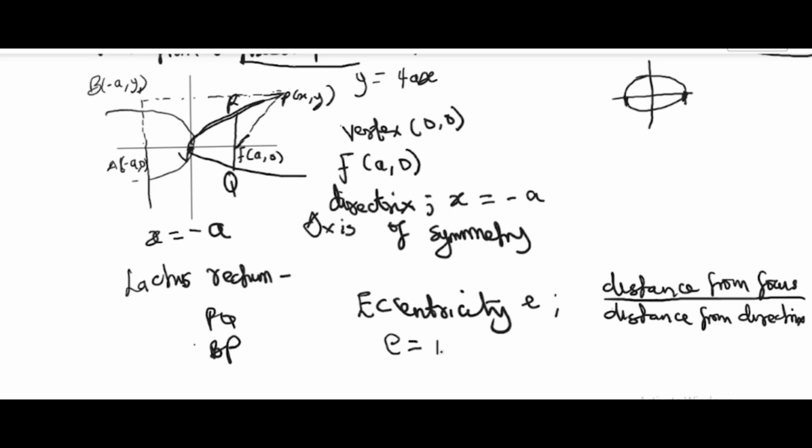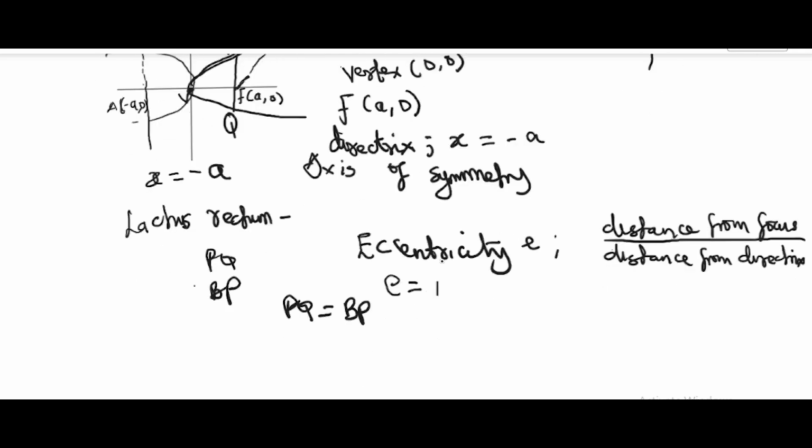Now, why is eccentricity equal to 1? It is equal to 1 because distance from focus PQ is always equal to distance from directrix BP, or PB as the case may be. Do you see that? So since they are equal, take their ratio at any point on the coordinate, it will give you 1.